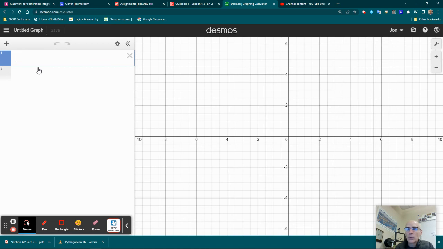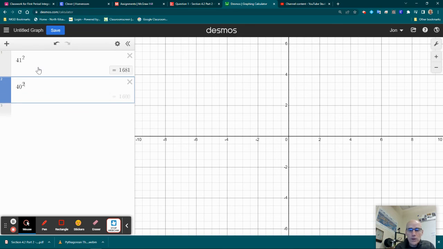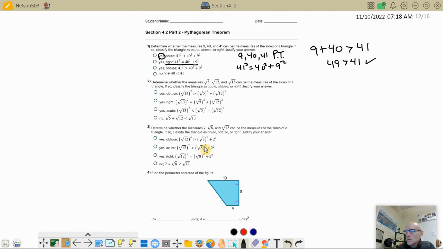You could go 41 squared, and then 40 squared plus 9 squared. And you can see that they're both equal to each other. They're both equal to 1681. And that definitely shows you that it's a right triangle, because if the Pythagorean theorem works, then you have a right triangle. So check mark.